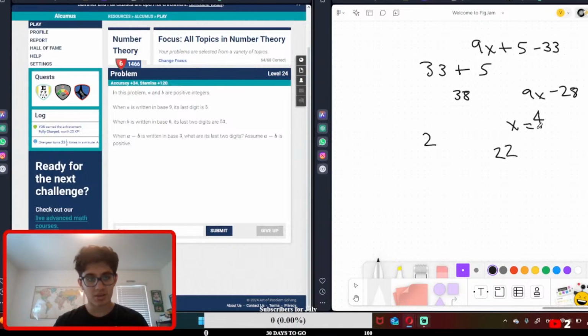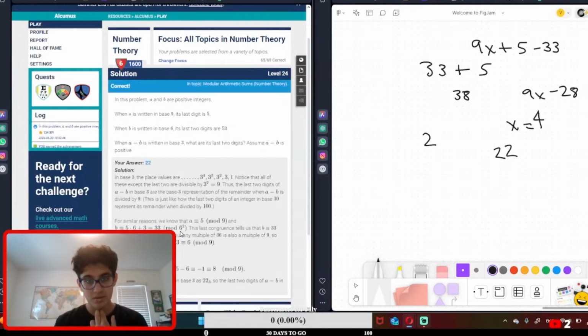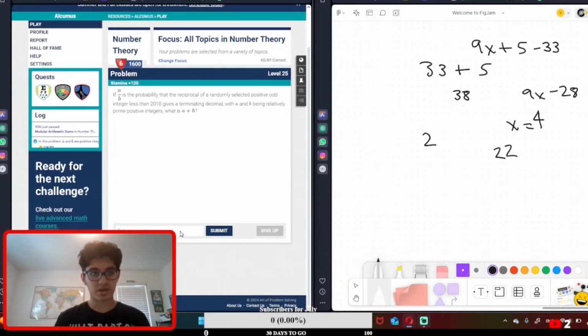We know there has to be some answer, so we can just take any. We know that there's exactly one answer for this, right? There's room for only one answer, so we can just say that x equals 4, which makes this 36. 36 minus 28 is 8, so it will be 2, 2, right? And okay, coincidentally, it is the same answer as before, but we got lucky with respect to that.